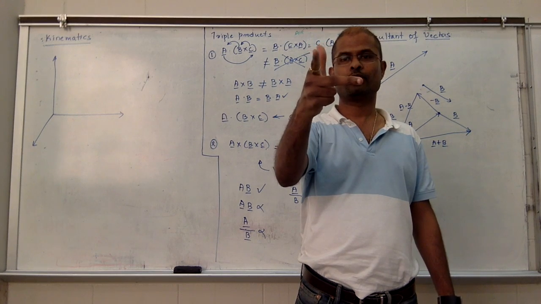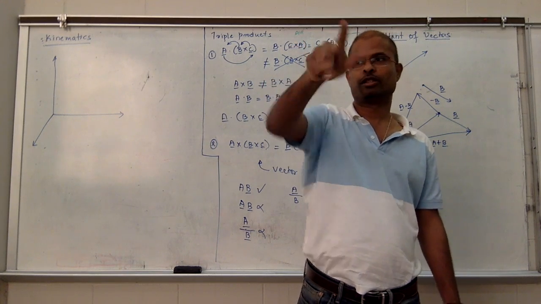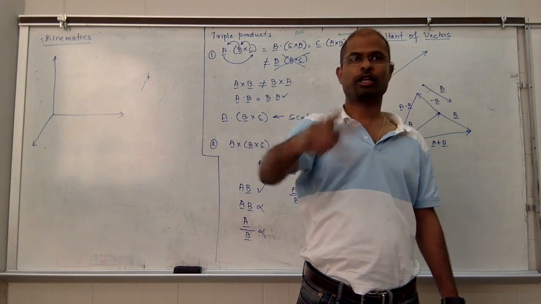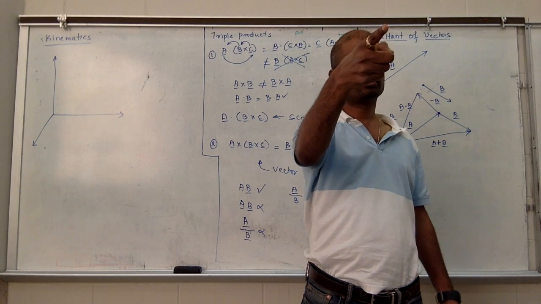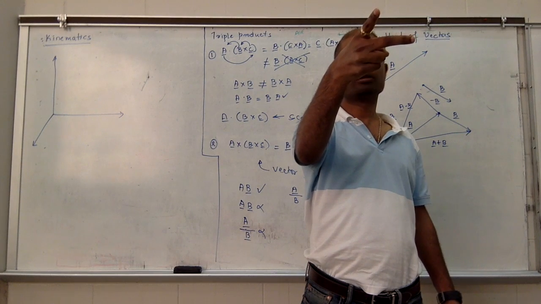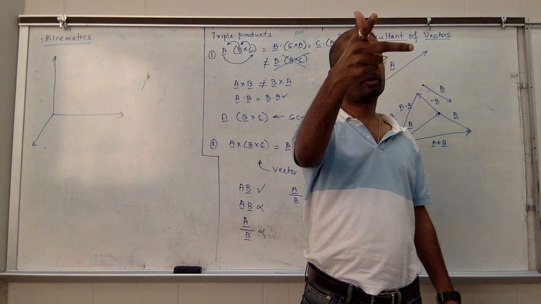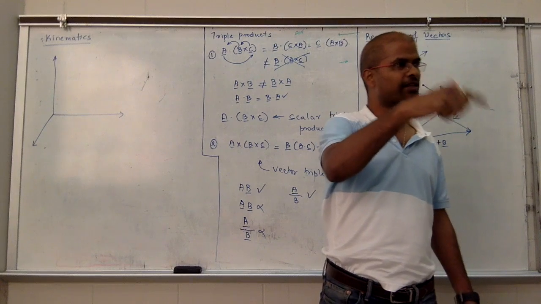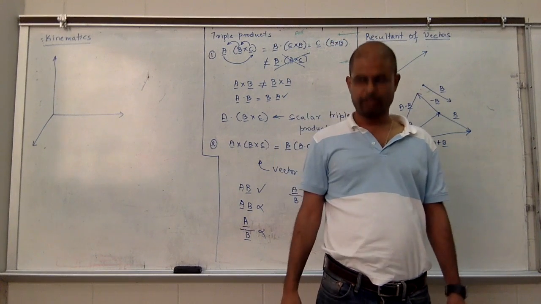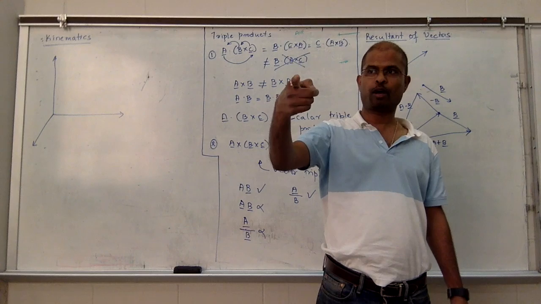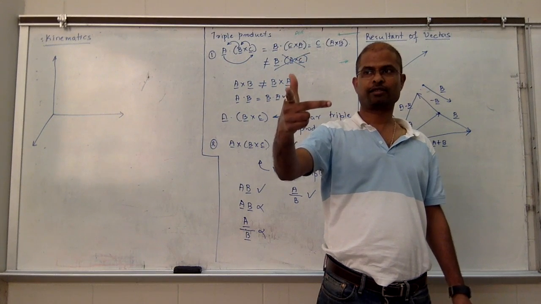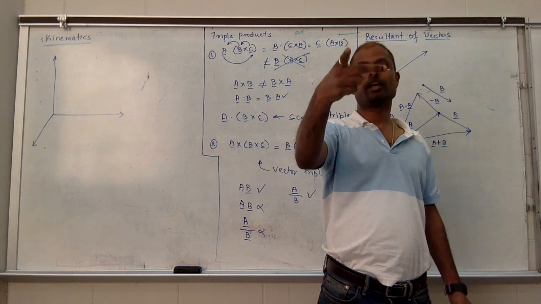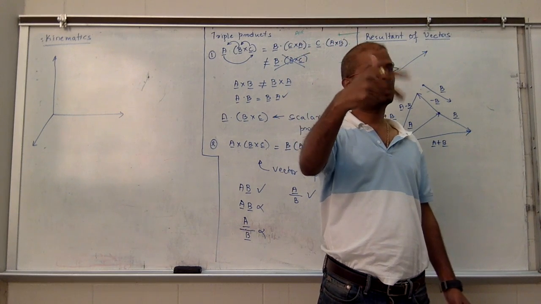You can change this however you want. If this becomes X and this becomes Y, the Z will go down. If this becomes Y, this becomes Z, and this becomes X. It should cyclically rotate: X, Y, Z, then Y, Z, X, then Z, X, Y. You always have to keep that cyclic rotation.